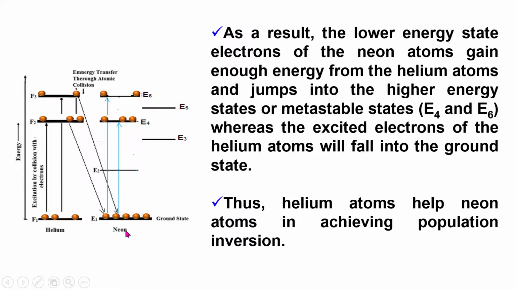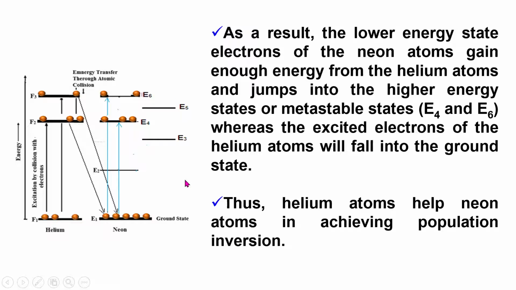Now see here, in this figure we can see that the neon atoms which are in the ground state gain sufficient energy after colliding with the helium atoms and go to the excited energy states E4 and E6.